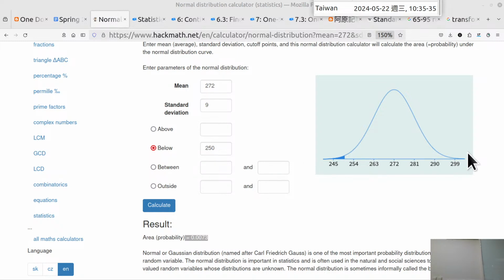Oh, come on. I made a mistake. I sent it to the wrong LINE group. I'm sorry. I'm tired.